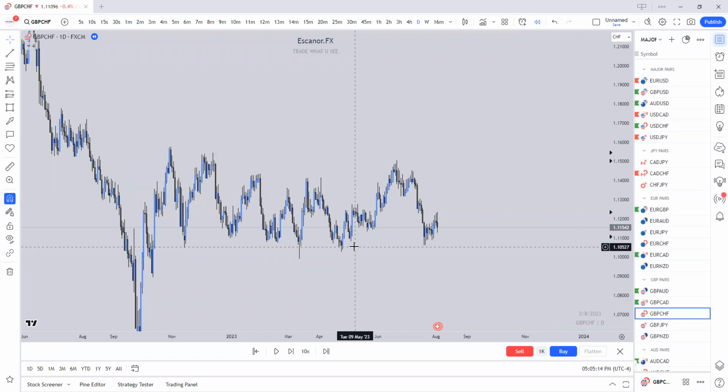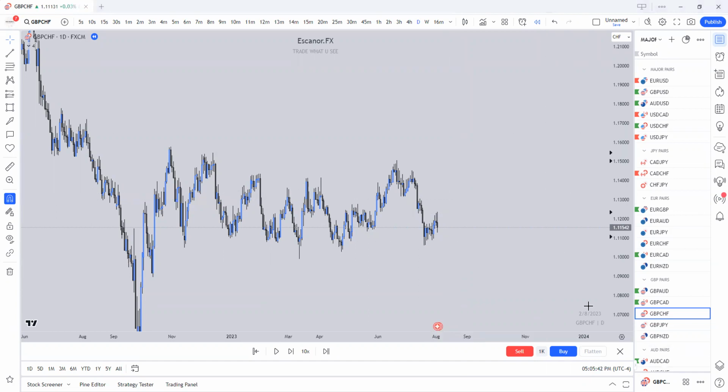For those who don't know, I will give you this information for free, guys. GBP-CHF in some prop firms is zero spread. I just discovered this lately.